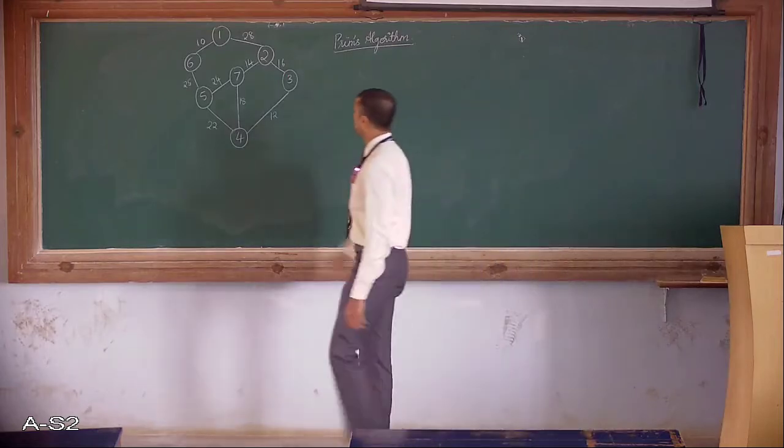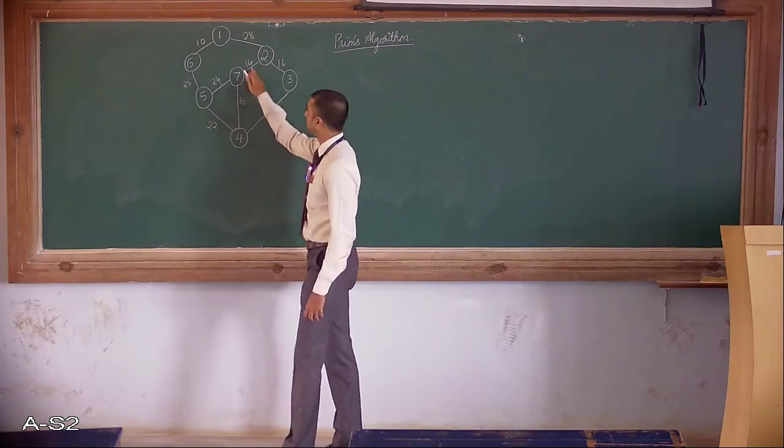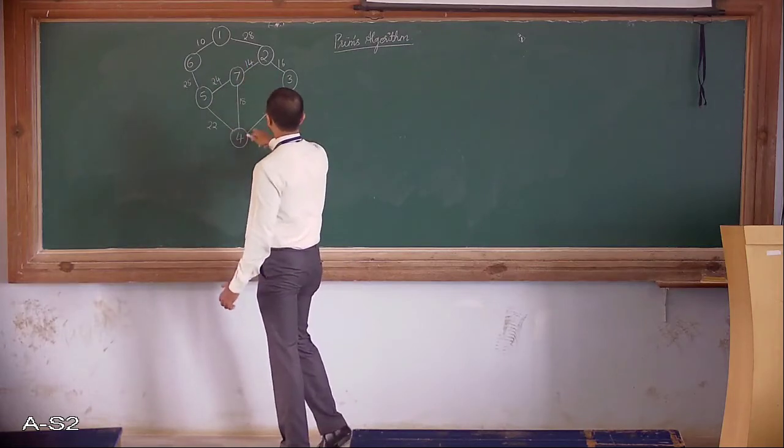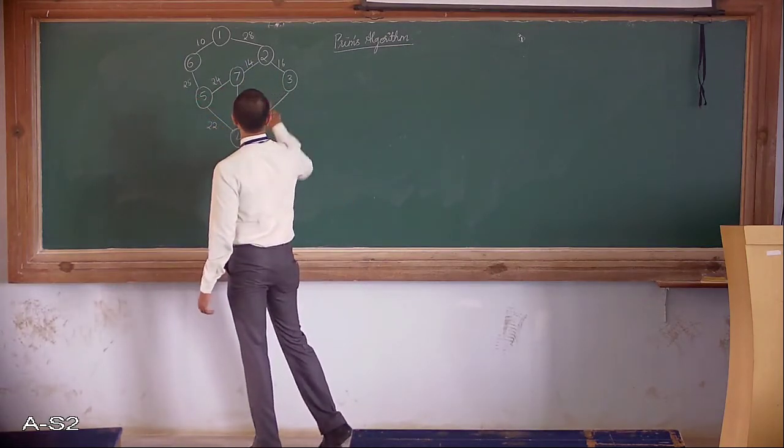Alright, so this is an undirected weighted graph. As you can see, there are no directions given, and there are weights associated with each of these edges.